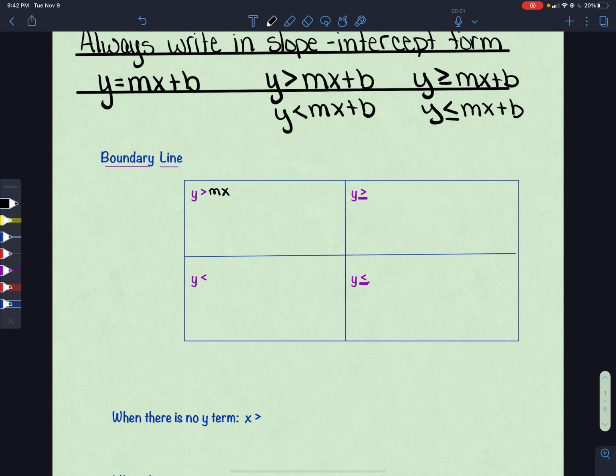If y is greater than mx plus b, then we are going to have a dashed boundary line. And I'm just going to write dashed line here. And when y is greater than that dashed line, we will be shading above that line. Okay.